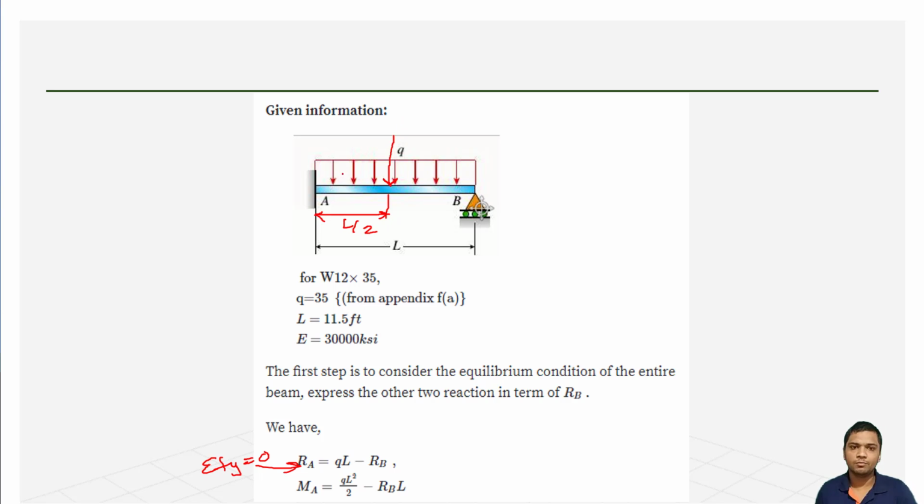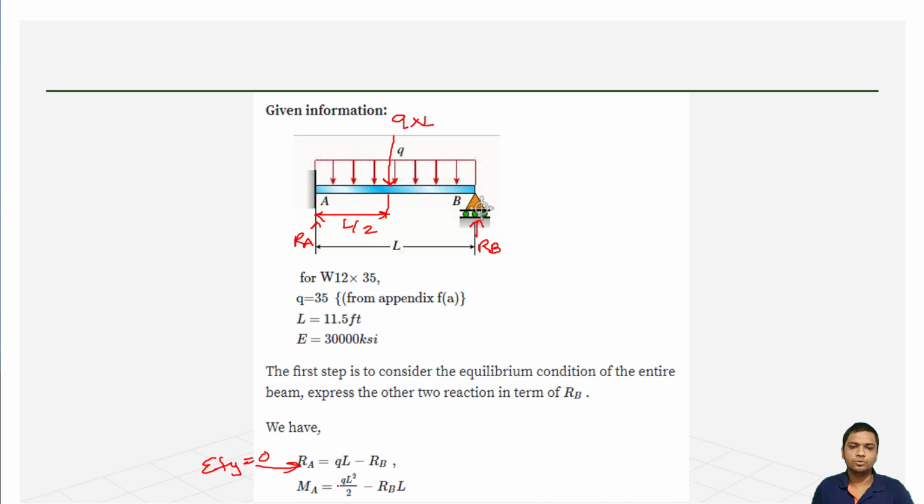If we convert this UDL into a point load, then it will be Q into L, right? So the force Ra at this end, Rb here, so Q into L minus Rb. On the right hand side we are taking positive and this as negative. So this is summation of Fy equals to 0.